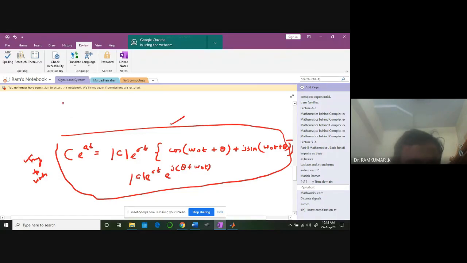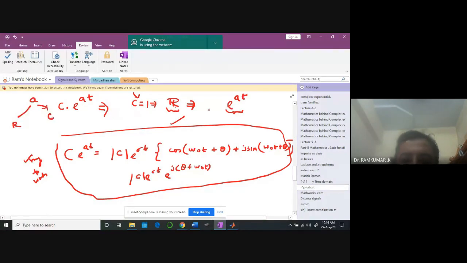So the idea I'm saying is there is a constant multiplied by an exponential signal e power at. I said in the last class, C can be equal to 1. This constant can be 1 or any real value. If it is 1, then I get e power at as the signal. I said there are two options for a: it can be either real or complex.